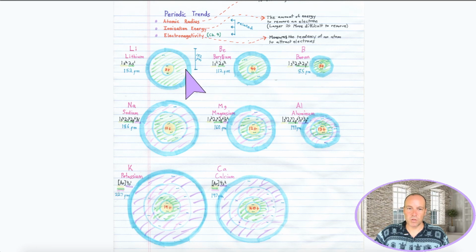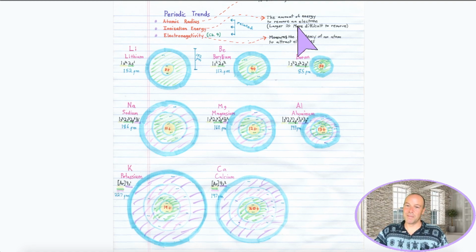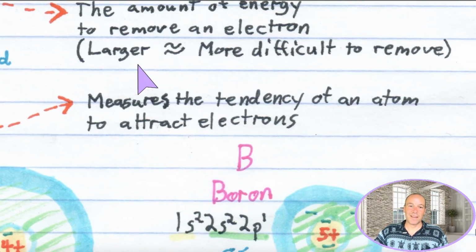As you get to larger and larger atoms, those valence electrons are held more loosely, and so the ionization energy is smaller. It's easier to remove. As you go down a column, it gets easier to remove an electron. The atoms get bigger, so the bigger the atom, the easier it is. So I made that typo. Sorry about that.